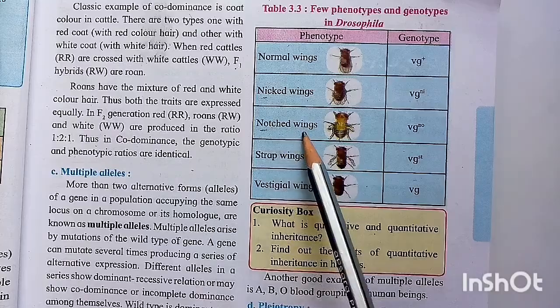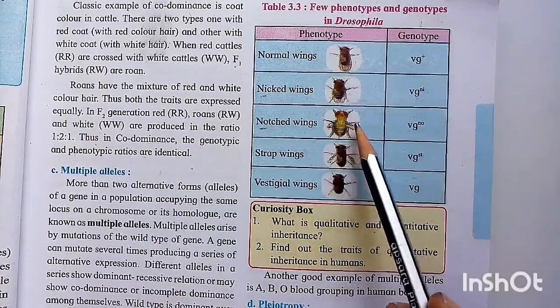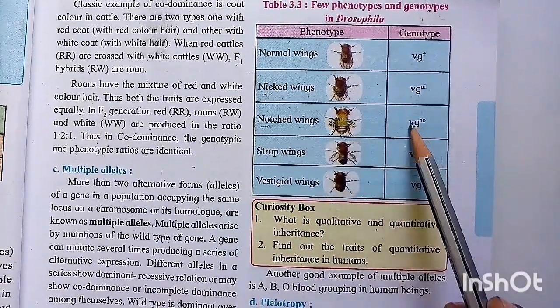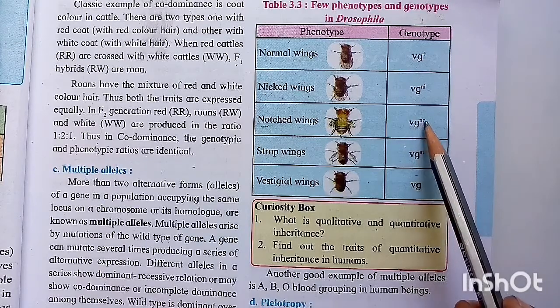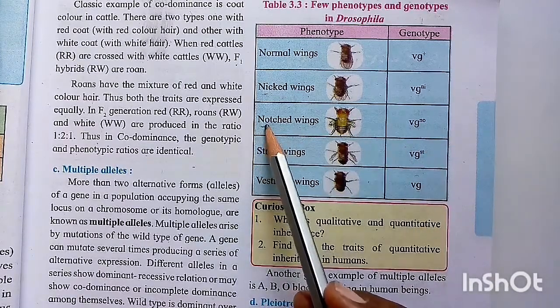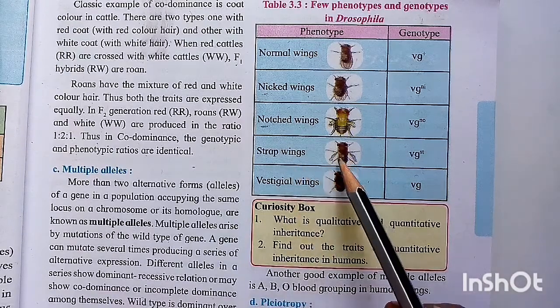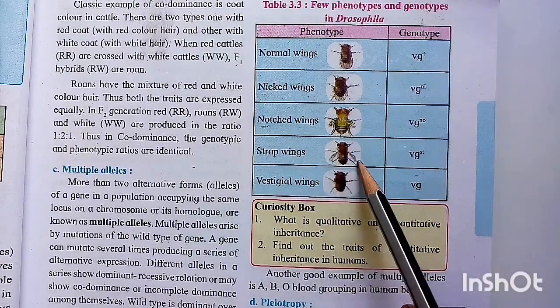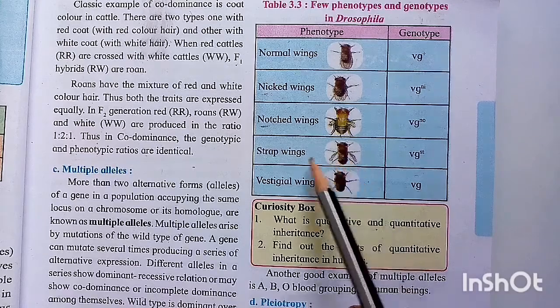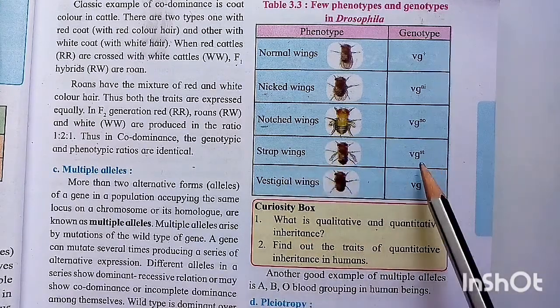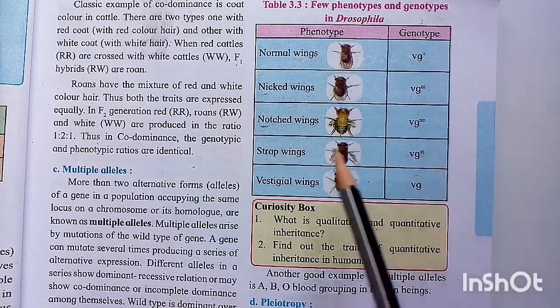Then comes the notched wings. The wings may show a notch and are denoted by VGNO, the first two letters NO. Then comes strap wings. The wings may appear like a belt or a strap, hence the name strap wings, and it is denoted by VGST.